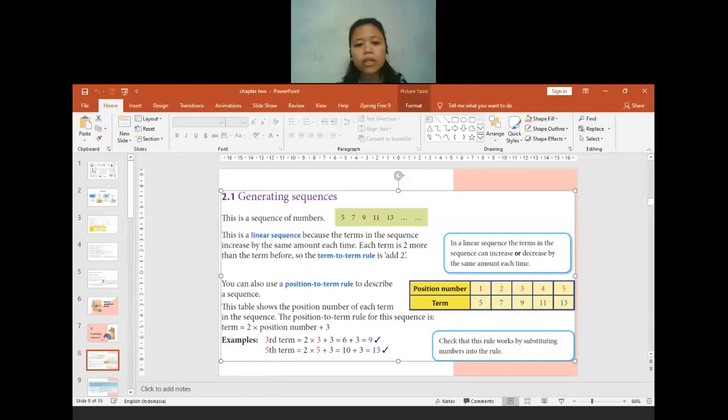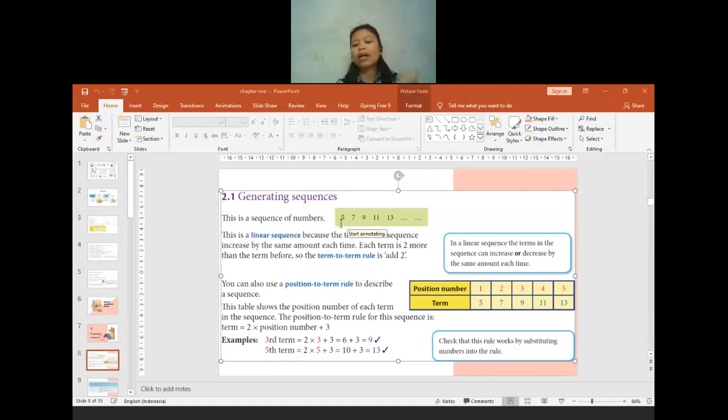Yes, we add 2. From 7 to 9 also we add 2. From 9 to 11 also we add 2. That's why when the addition is constant, we call it a linear sequence, because the numbers change by adding or subtracting the same number.